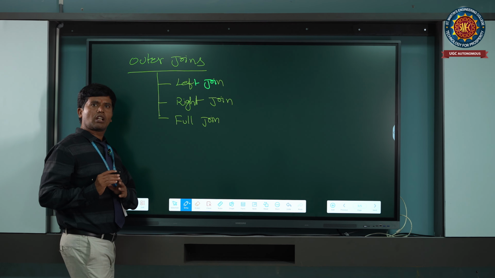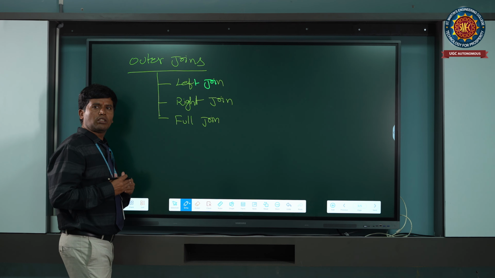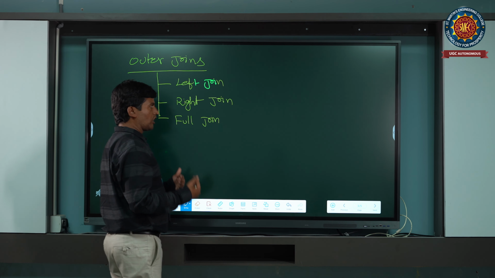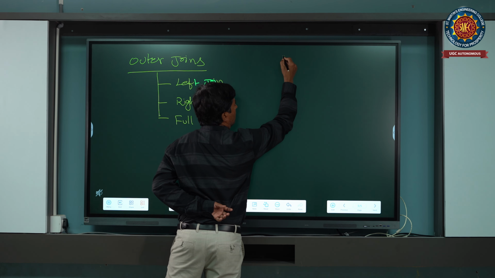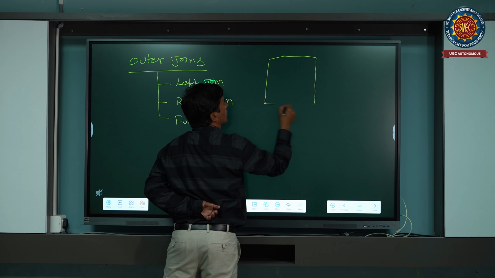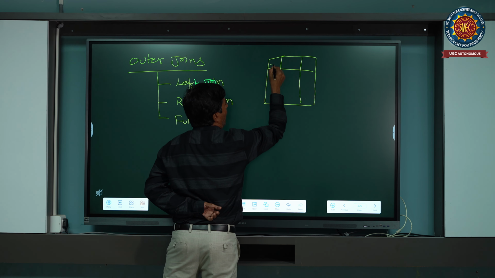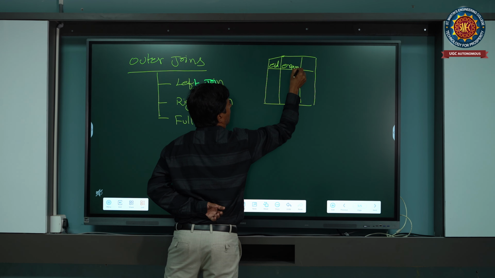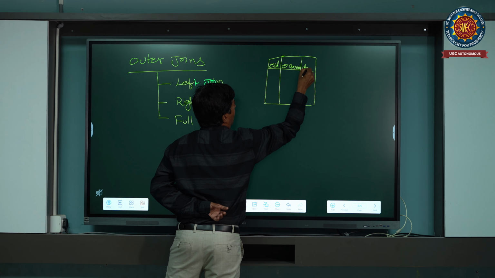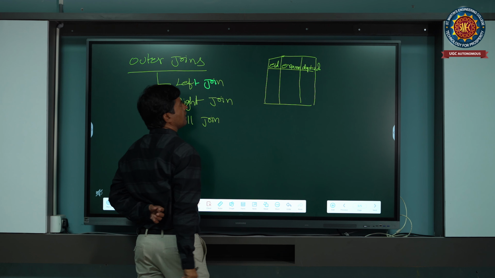First, I am not ready to lose any data from the left side table. For that, I use left outer join. Now, left outer join means, let me take two tables, the employee table. Let's consider in my employee table: employee ID, employee name, and department ID.